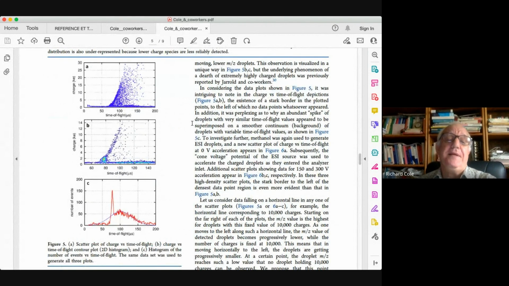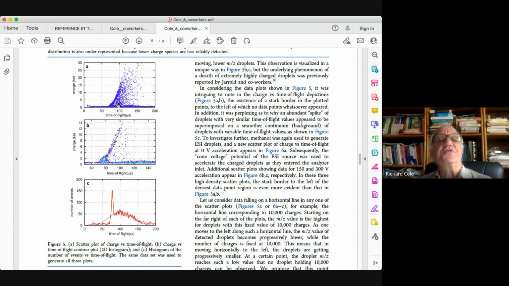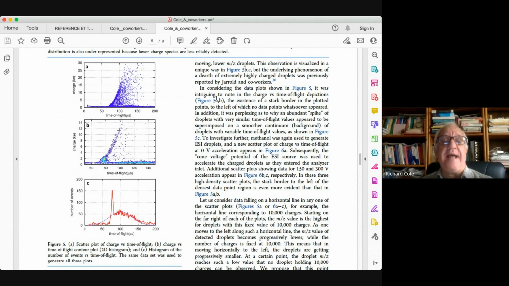Then here we have a so-called scatter plot, and this is thousands of points in repeated measurement, looking at charge versus residence time, time of flight in our charge detector. Each dot corresponds to a single signal that was measured of a highly charged methanol droplet.